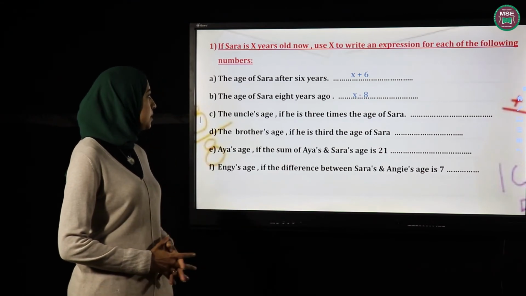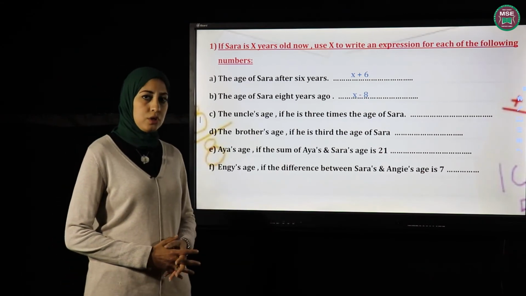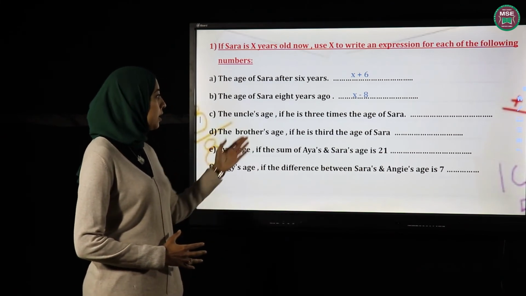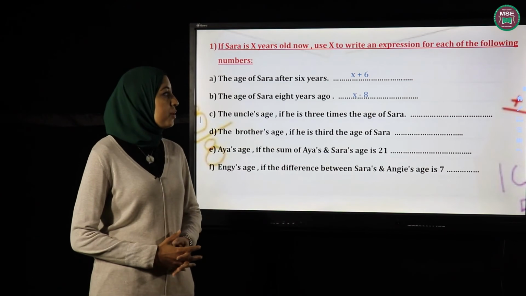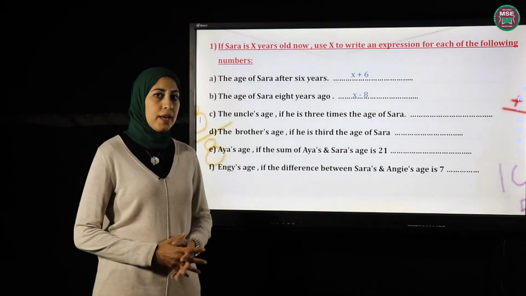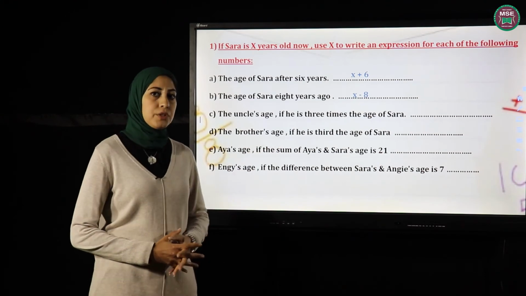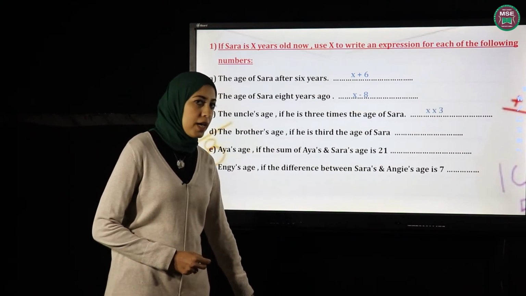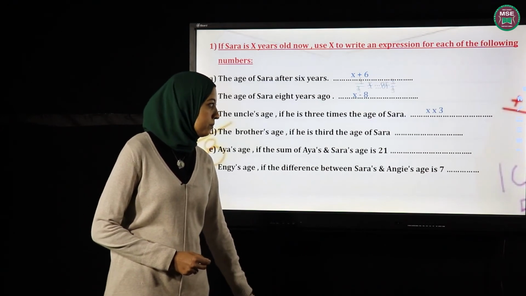Okay? Number C, the uncle's age. I want to know the uncle's age, the age of her uncle, if he is 3 times the age of Sarah. Sarah's age is x. Her uncle is 3 times her age. So I will make 3 times x, or x times 3.